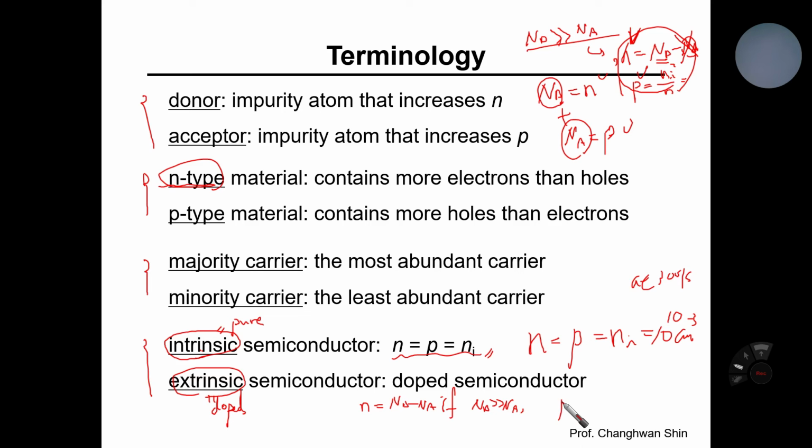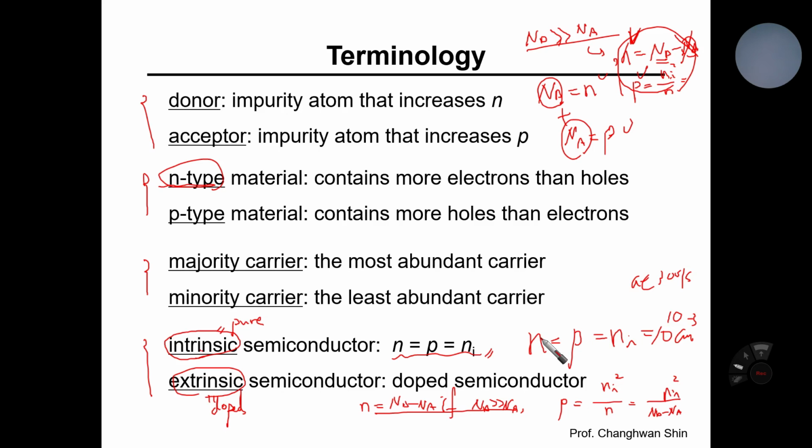And what about the hole concentration in this doped semiconductor material? Hole concentration can be simply determined using this equation: n times p is equal to ni squared. So p is ni squared over Nd minus Na.